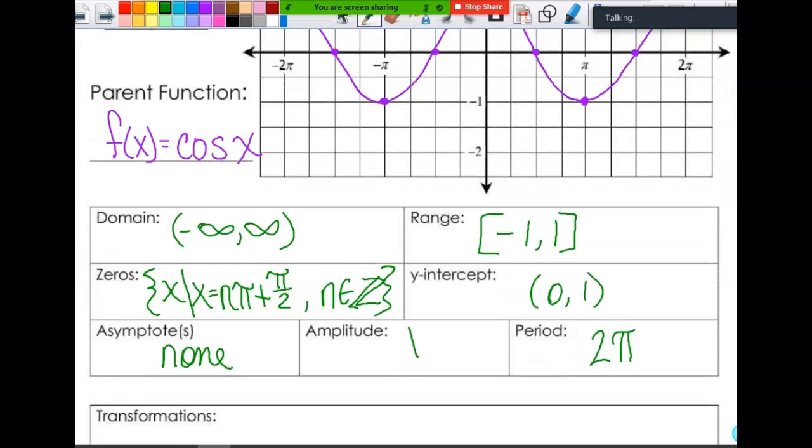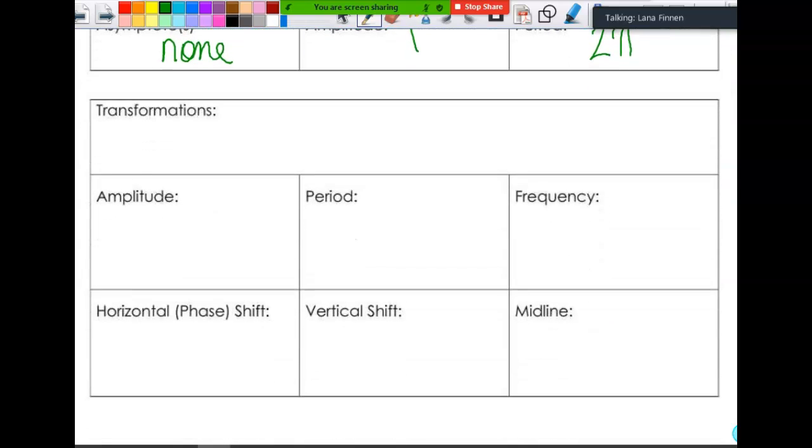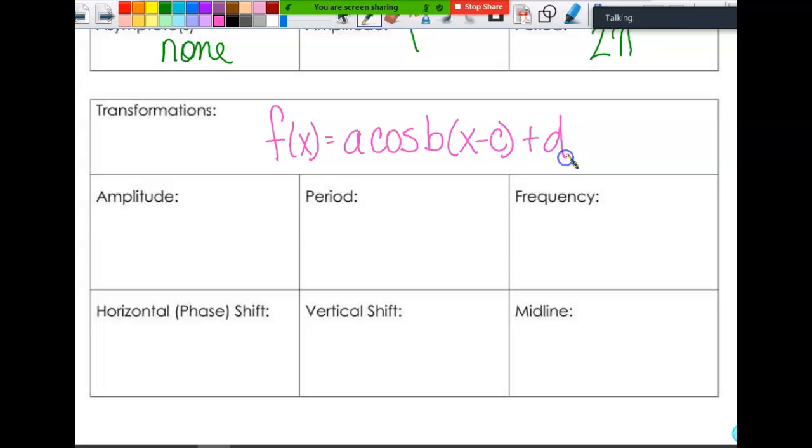All right, so our transformations, f of x equals a times the cosine of b times x minus c plus d. The only thing that changed was sine to cosine.